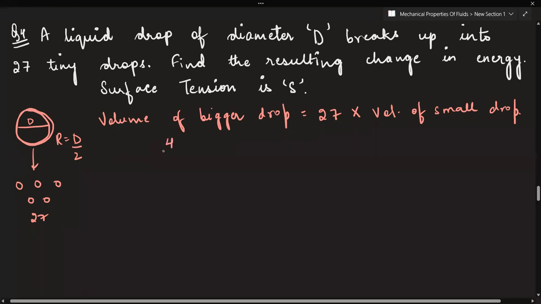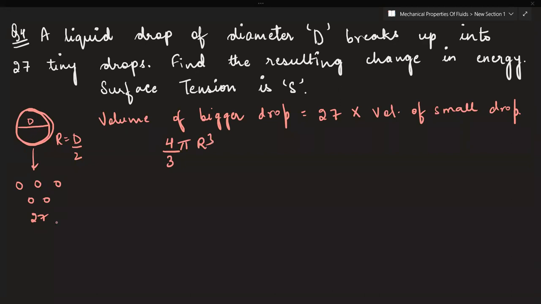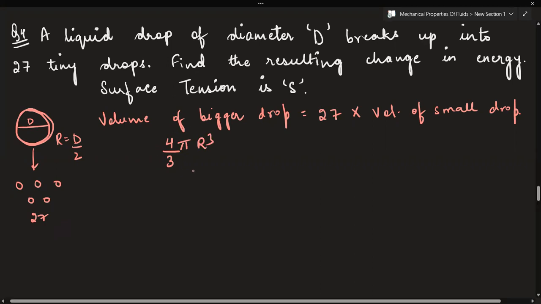See, 4 by 3 pi r cube is the volume of a sphere. Understood? So if d by 2 is the radius for this sphere, the volume will be 4 by 3 pi, d by 2 whole cube.